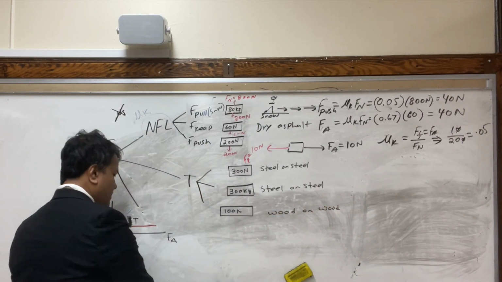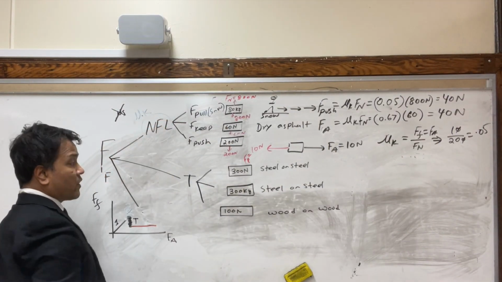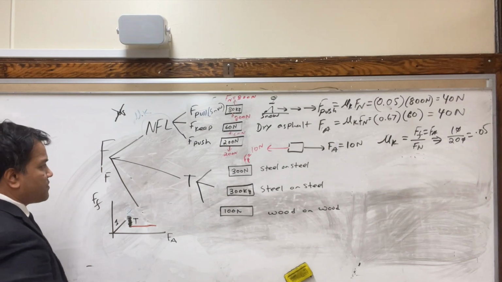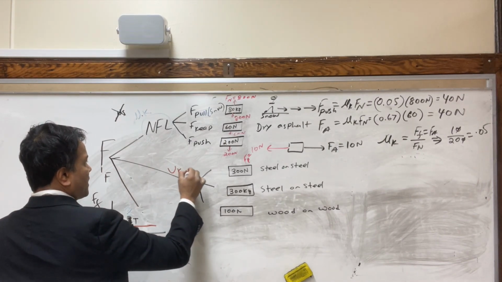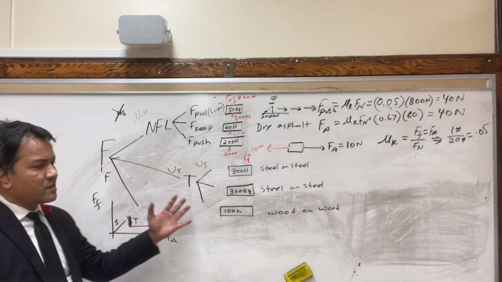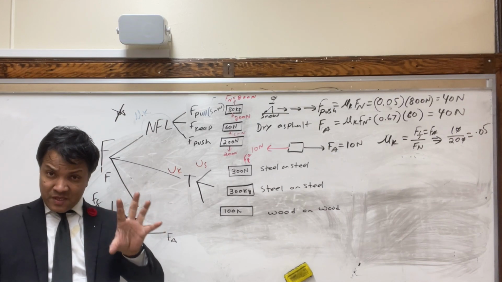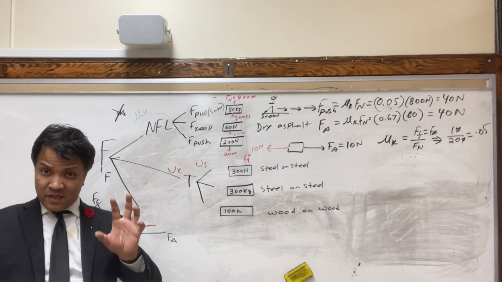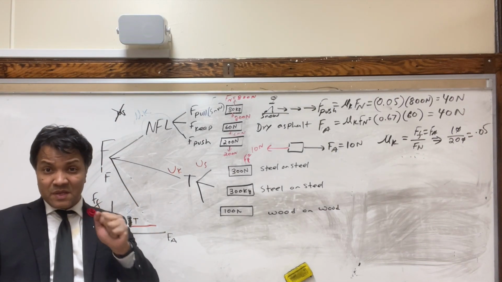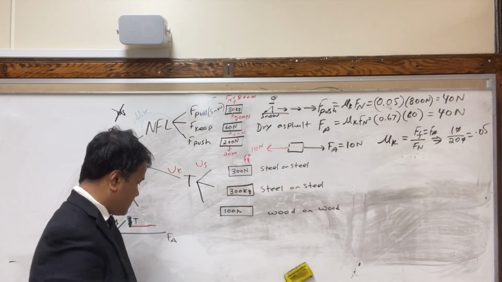Now let's figure out whether this is mu k or mu s. You have 50-50 chances. Well, it's very easy. This problem is talking about what is the minimum force you need to make the object moving. We have 2 things.